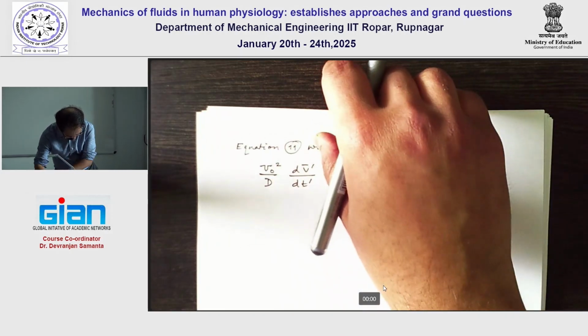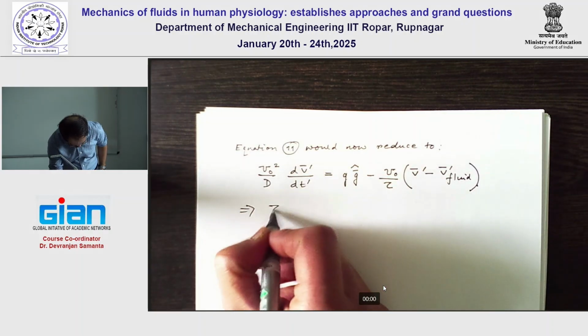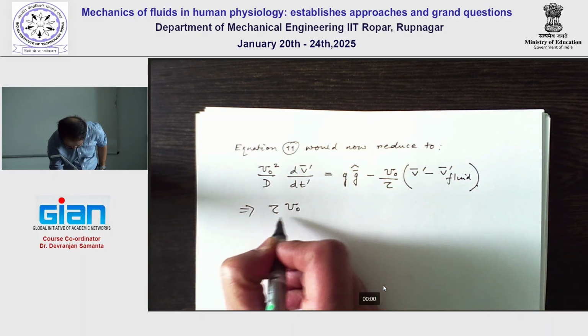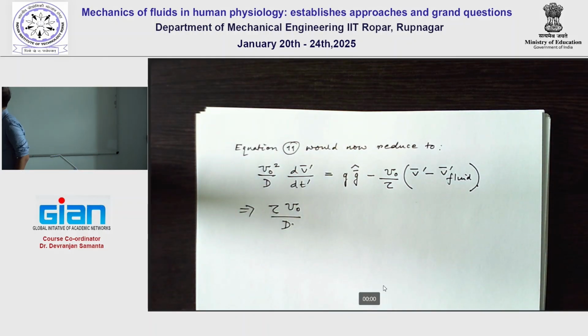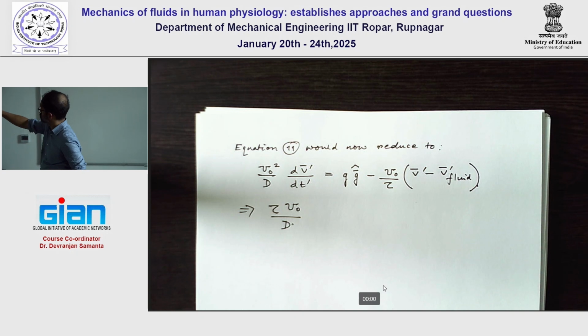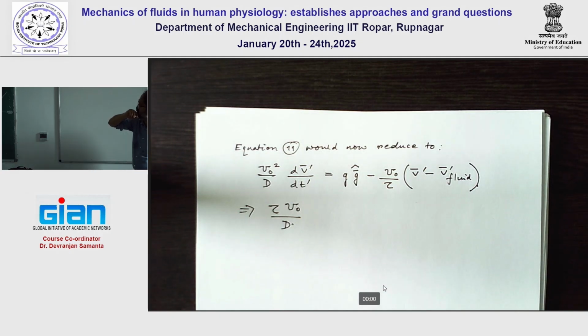Let's now try to simplify this a little bit more. So tau U naught over D. I'm going to use the definition for tau that we have used. So I'm putting the tau on the other side, and then eventually I'm going to use the actual formulation for tau to move forward.